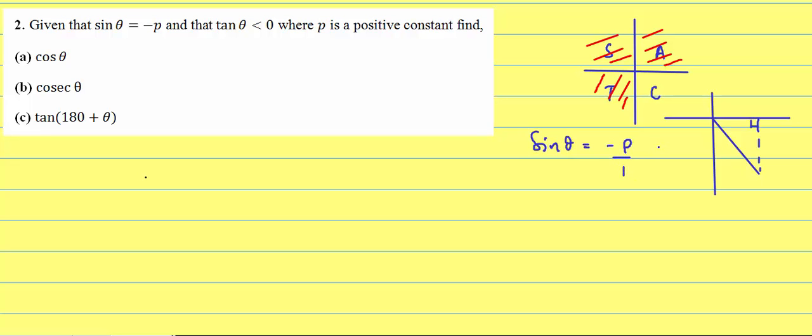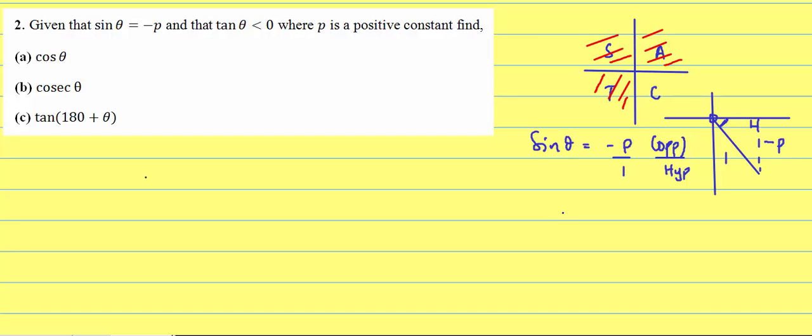Now we also know that sine theta is the opposite side divided by the hypotenuse. So the hypotenuse will be equal to 1. The opposite side, and you can see that this is below the x-axis, will be equal to minus p. Using Pythagoras' theorem again, we should be able to find this adjacent side here.